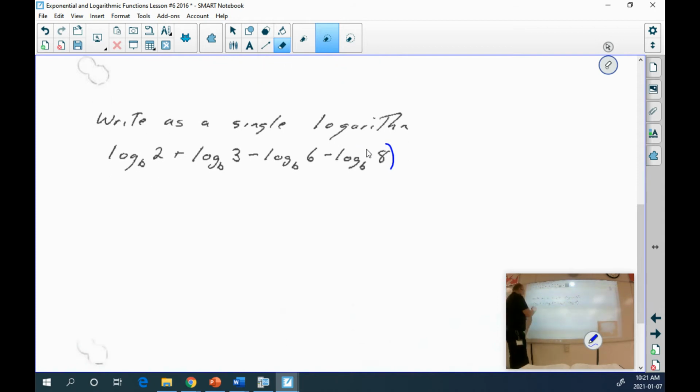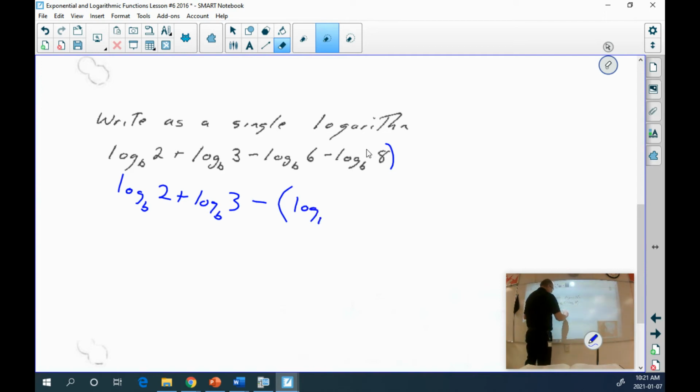So what I am going to do, I'm going to take out a common factor of -1 from the last 2 terms. So that's going to turn this logarithm into positive, and it's going to turn this logarithm into a positive. So now we can do exactly what we did before.